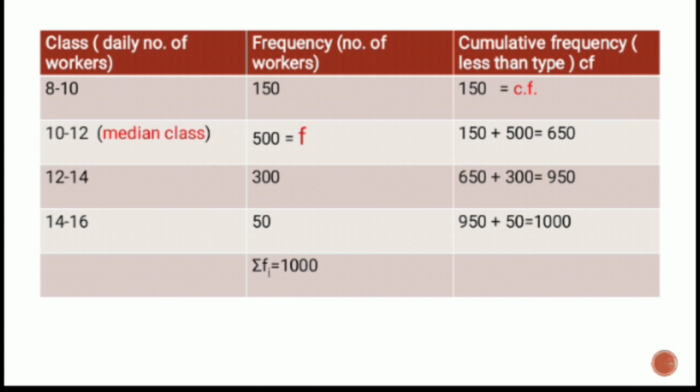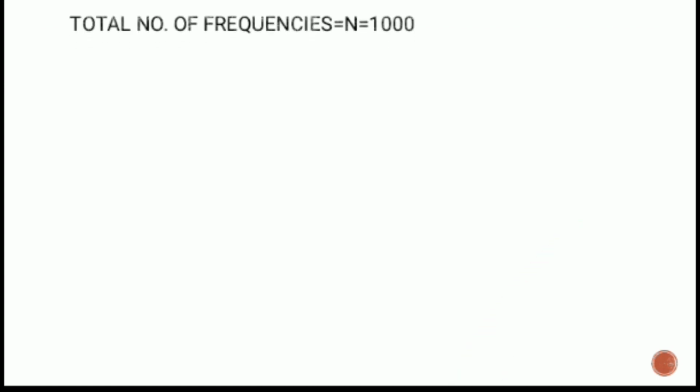Now I am telling you how to find the median class. What will be your f, what will be your median class, how do we find it, and what will be your Cf. Going further, we write the total number of frequencies, n is equal to 1000, and then write down the formula: L plus (n by 2 minus Cf) divided by f into h.